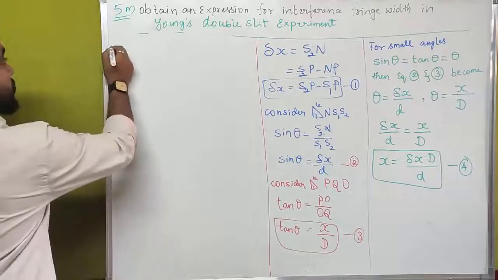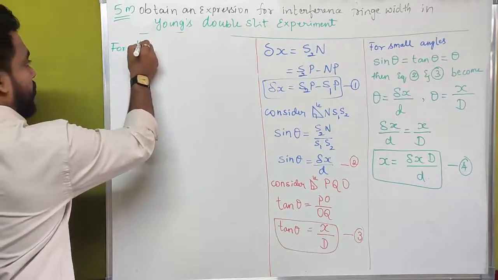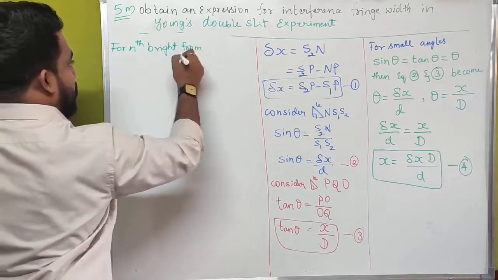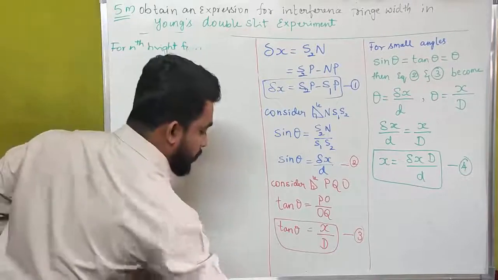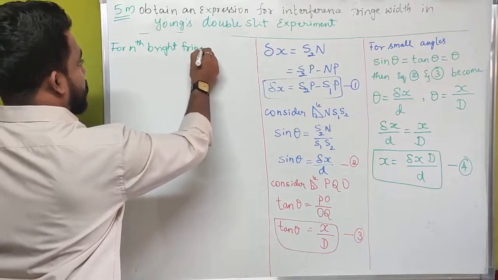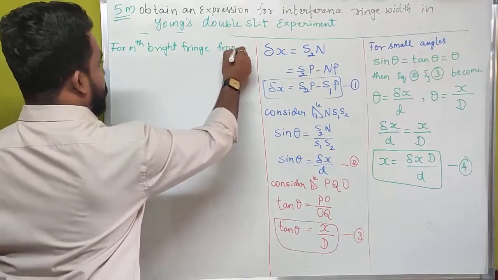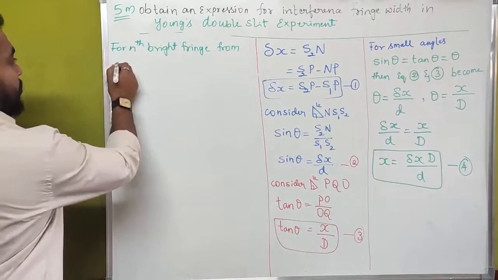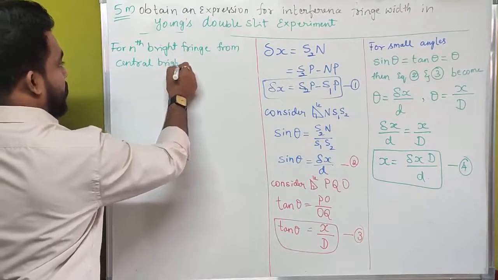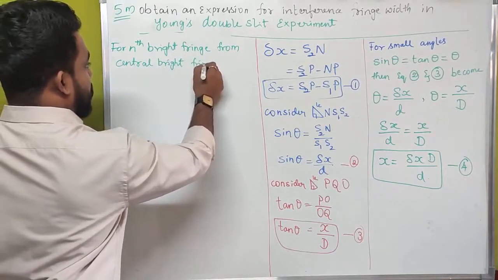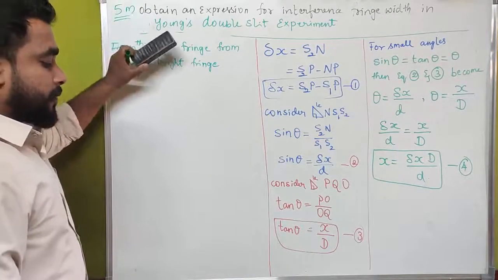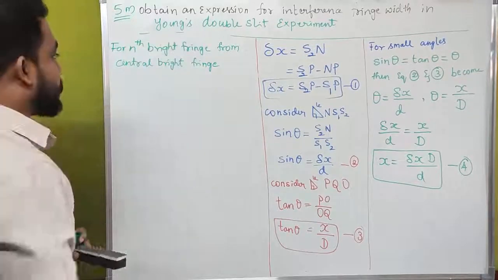For the nth bright fringe from the central bright fringe, what will it become?